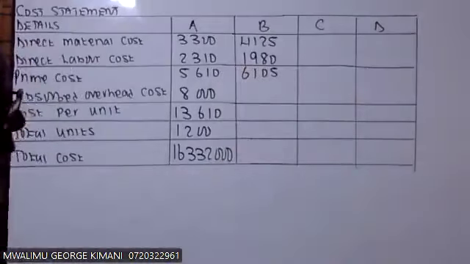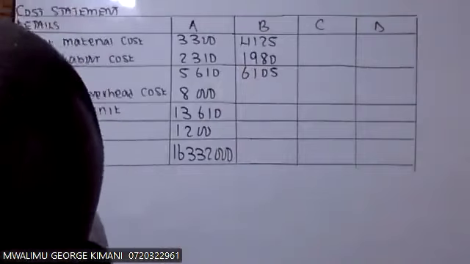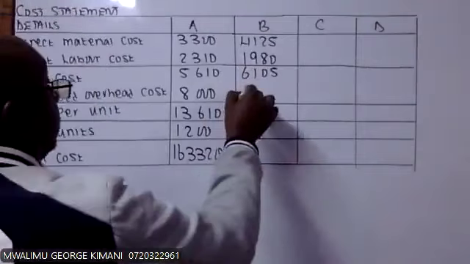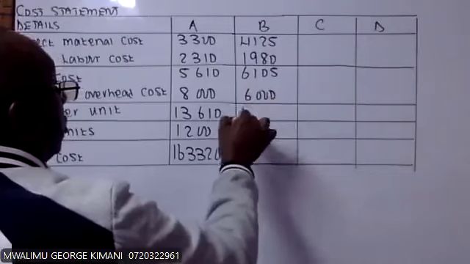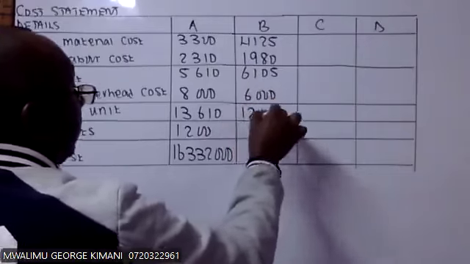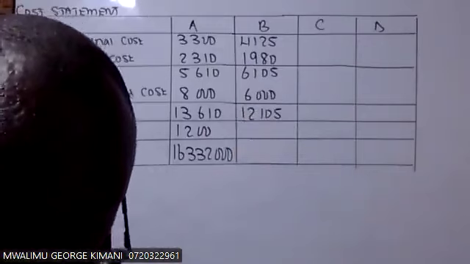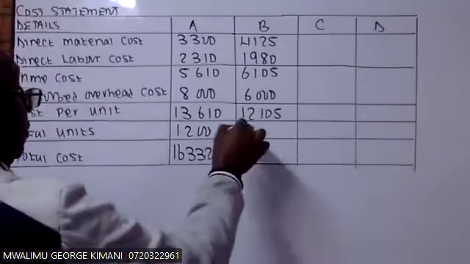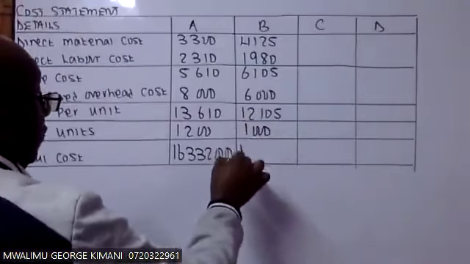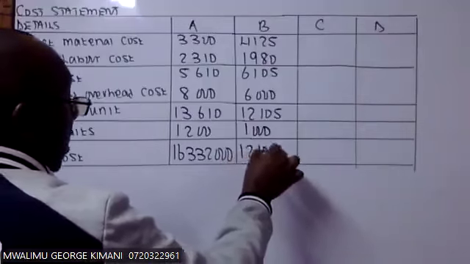The overheads, we had gotten 2,000 times 3, which was 6,000. This is 12,105. And the number of units are 1,000. So this is straightforward, 12,105,000.